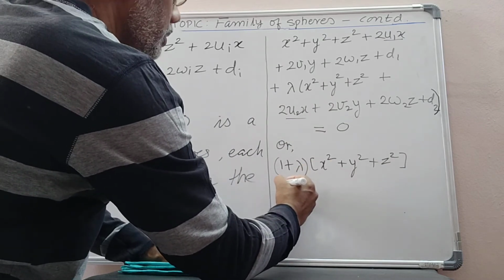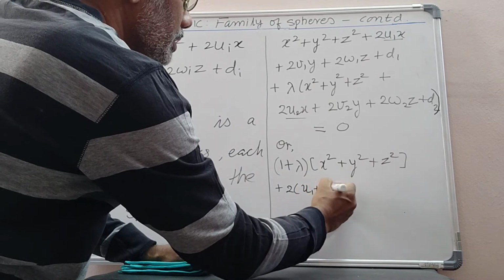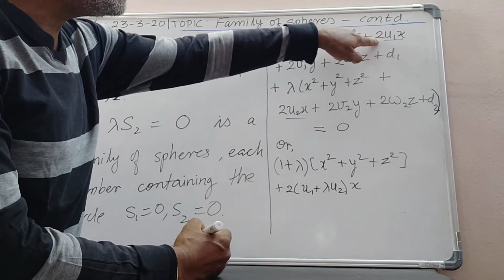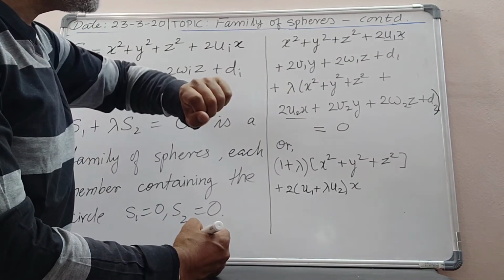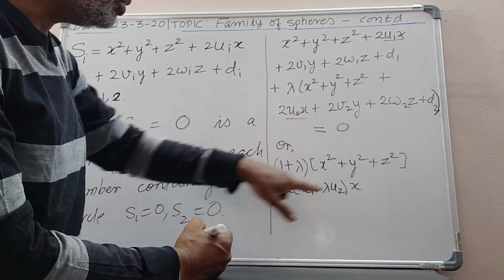So what I have is twice u1 plus lambda u2 x, 2x common.